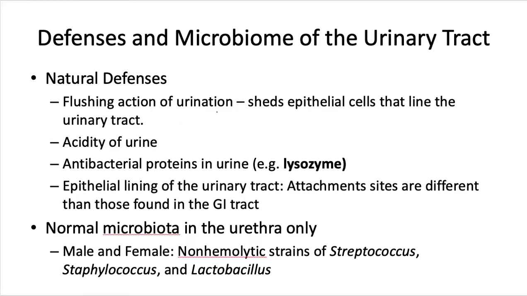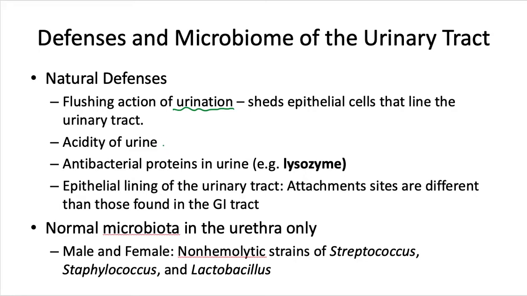The primary defense of the urinary tract infection is going to be urination itself. Urination is a flushing mechanism. Not only does it flush out microbes attached to the epithelial cells lining our urinary tract, it also sheds the epithelial cells itself. So urination gets rid of the outer surface cells of the urinary tract, so any microbes that might have attached there will also shed along with it.